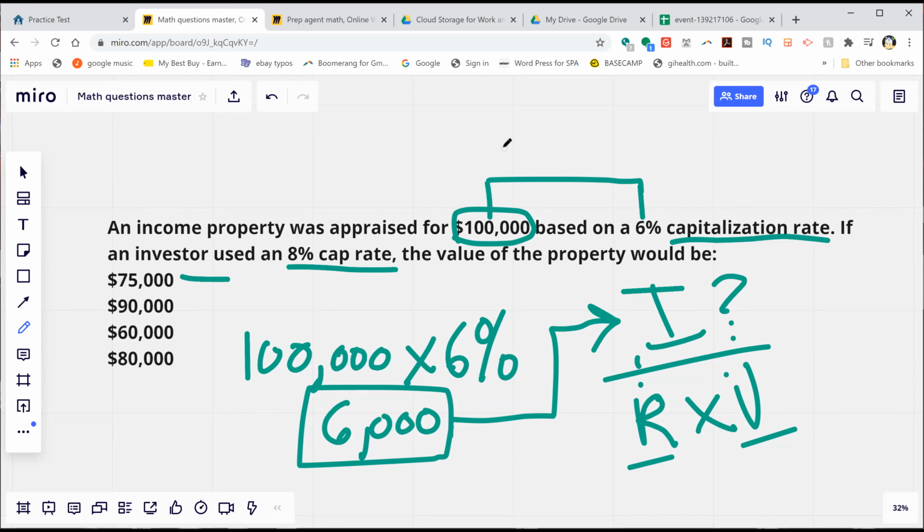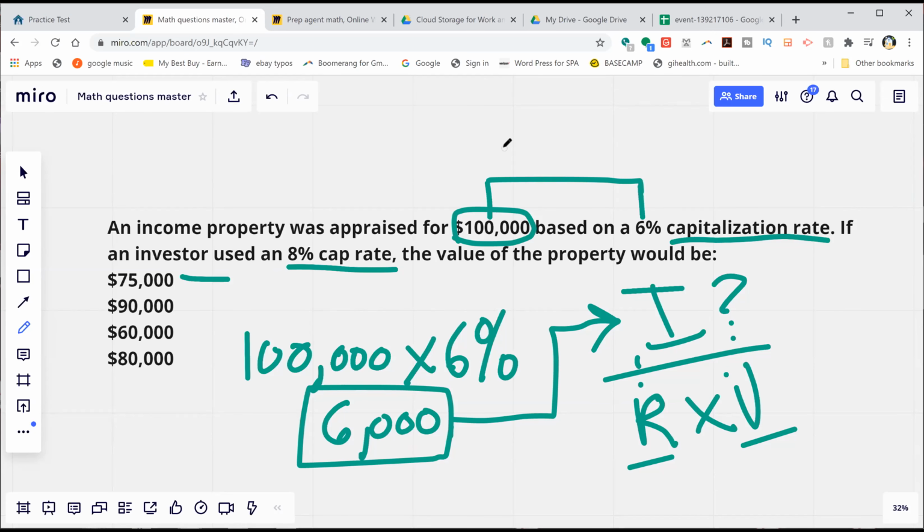They didn't give us the income in the problem, okay? Otherwise, this would actually have been a lot easier. Then what happens is the investor says, well, wait a second, what would the value of the property be if we changed the cap rate to 8%? That's a common thing that investors will do.